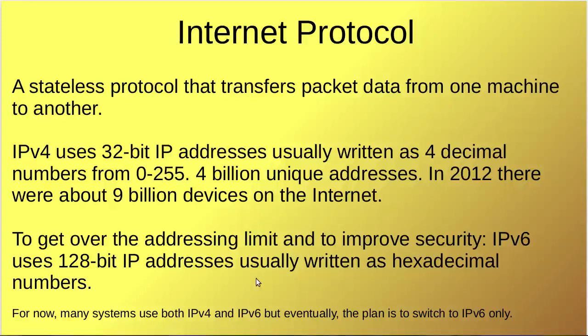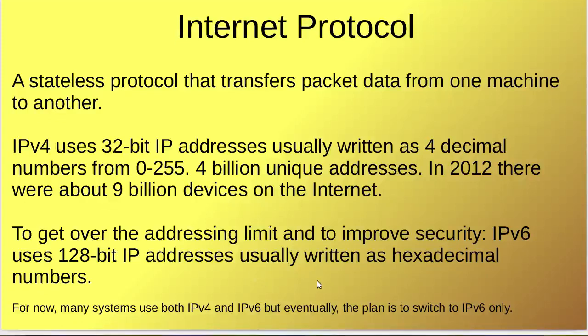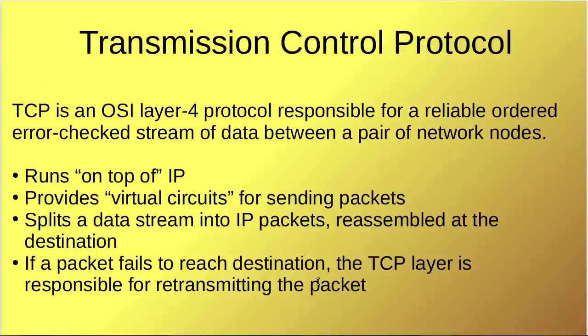It seems like for the near future at least, we are going to have machines with both IPv4 and IPv6, and the use of IPv4 seems like it's only expanding, even though we've exhausted the unique addresses. One of the reasons we can do this is that not every machine needs to have a unique address, so there are ways around it.